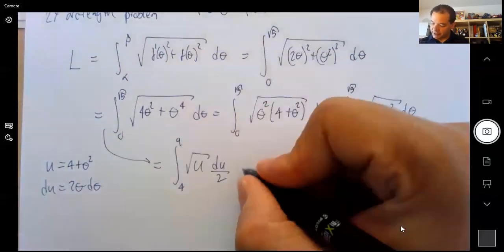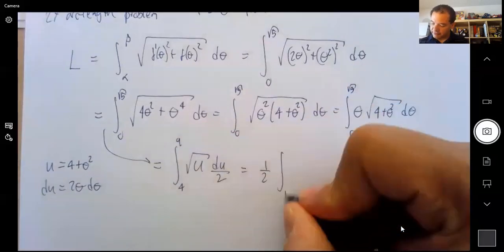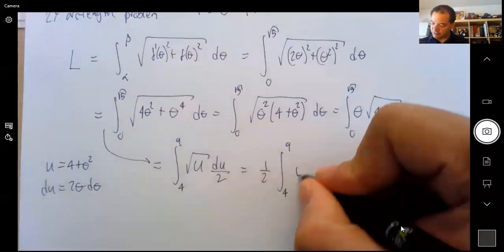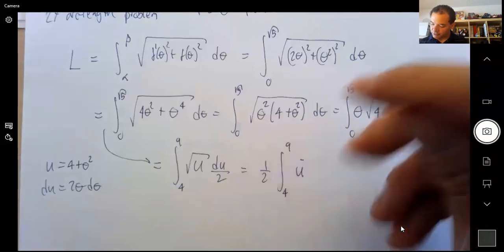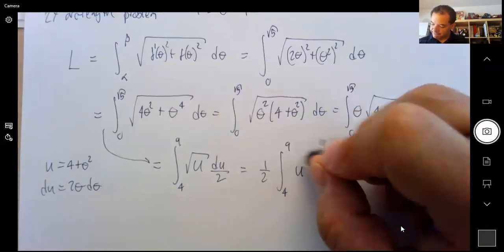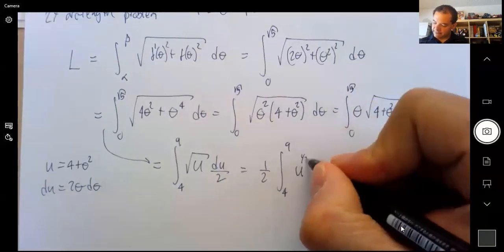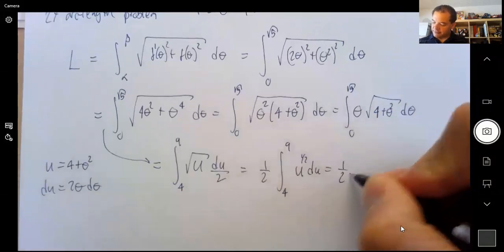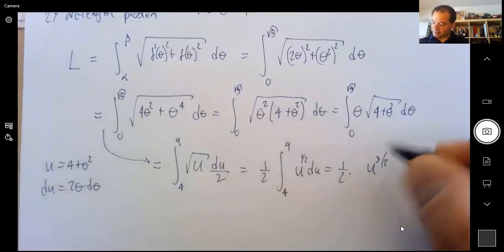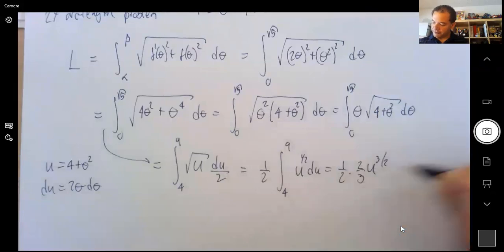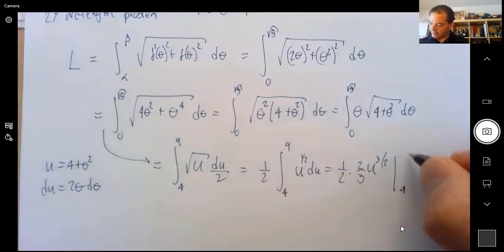So that's not too bad. It's a half the integral from 4 to 9 of u to the power 1/2. So this is u to the 3 halves divided by 3 halves, multiplied by 2/3, from 4 to 9.